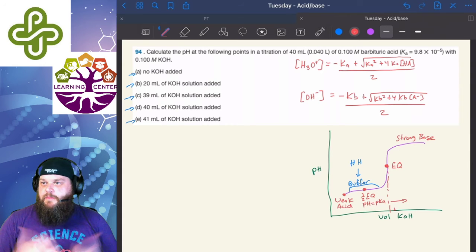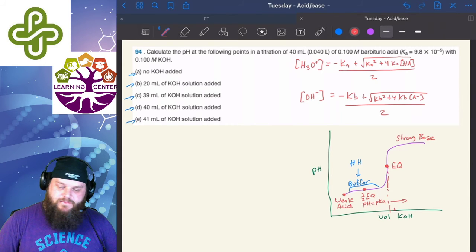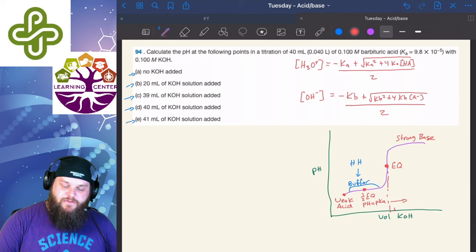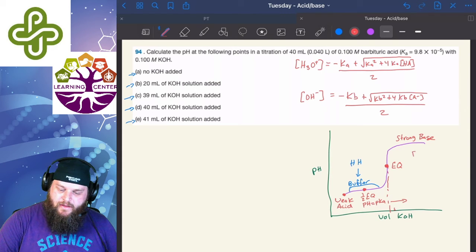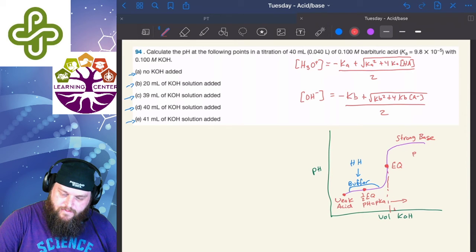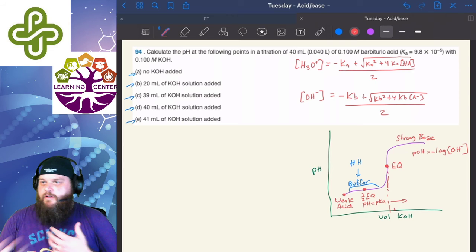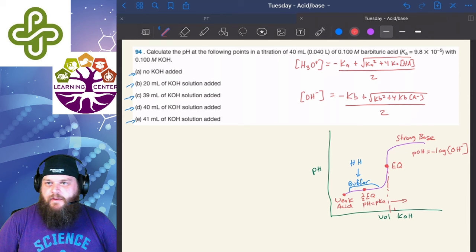It's just that strong base that's going to affect it. So for the strong base, we can calculate the pOH, which is equal to the negative log of the concentration of OH minus. And then in turn, calculate the pH from there.